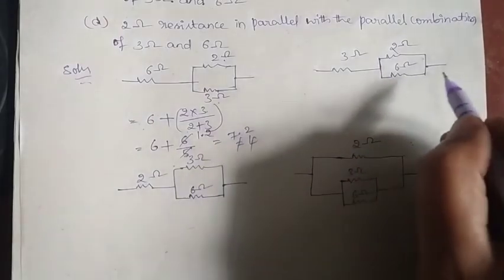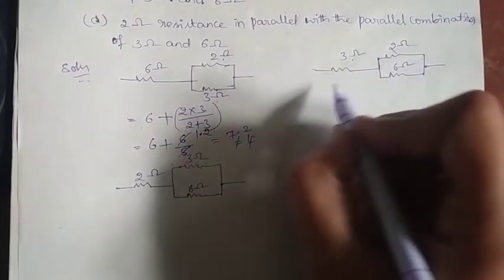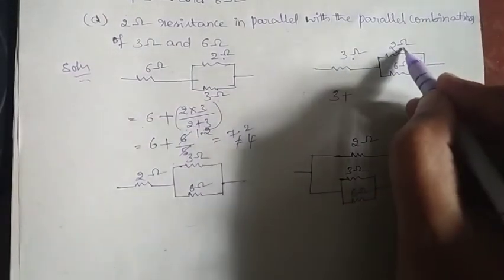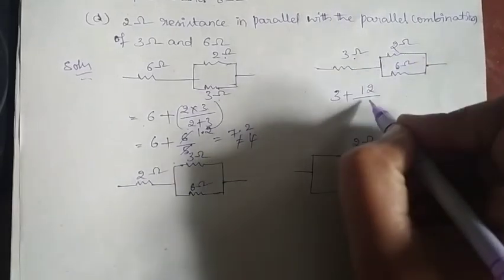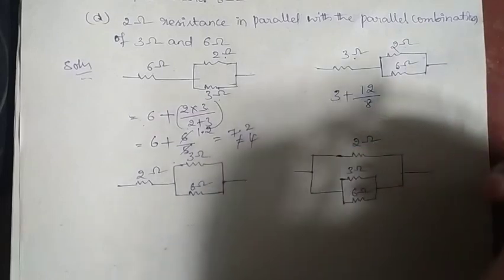Second option, 3 plus 6 into 2, 12, divided by 6 plus 2, 8.